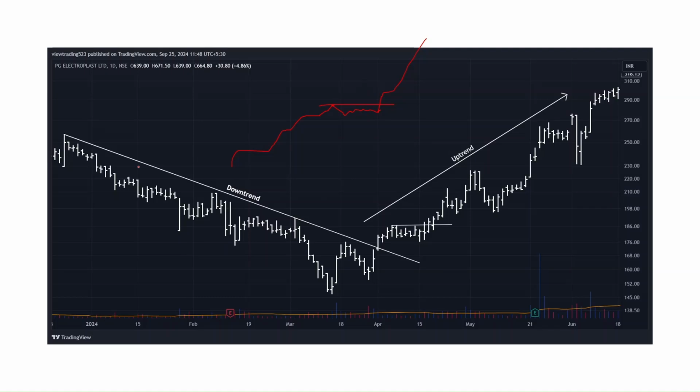But if you see, many times what happens is that a stock is in a downtrend and you actually get a chance to get an early entry, right? So just take a look at this example, PG Electroplast. As a trend follower, you will be waiting for the stock to actually start an uptrend, and then you'll wait for the stock to form a base.